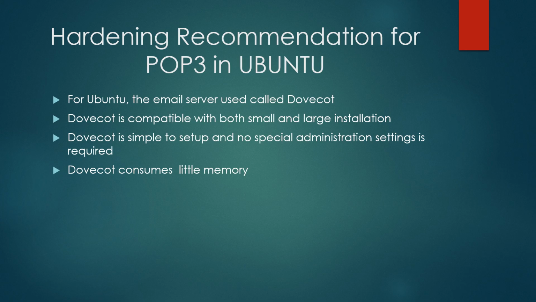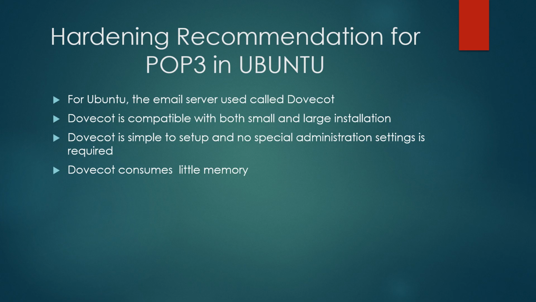Then when it comes to the hardening recommendation for POP3 in Ubuntu, for that to occur, we download Dovecot. And Dovecot is compatible with both small and large installations, so it doesn't matter. It's very compatible. And Dovecot is also simple to set up, and no special administrative setting is needed.